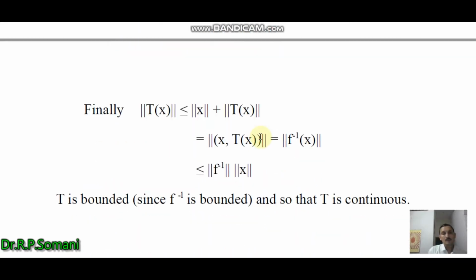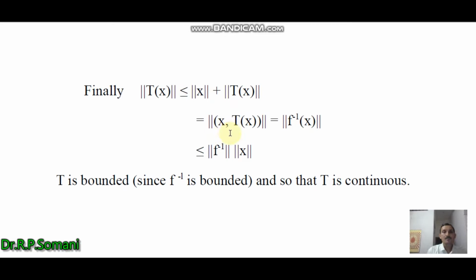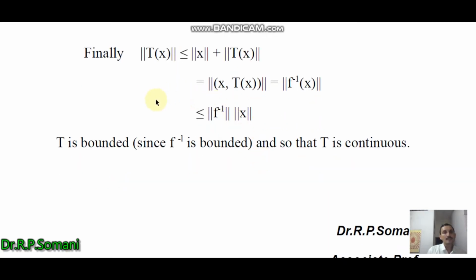So finally we have the norm of Tx is less than or equal to norm x plus norm of Tx, which we can write as equal to the norm of (x, Tx), which is the norm of f inverse x, and which we can write as less than or equal to norm f inverse times norm x. So therefore we obtained that T is bounded, since f inverse is bounded, and so T is continuous, as we know that every bounded mapping is continuous. So in this way we have proved both the parts.